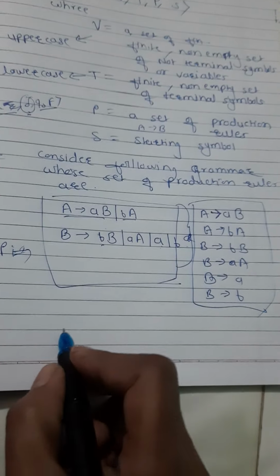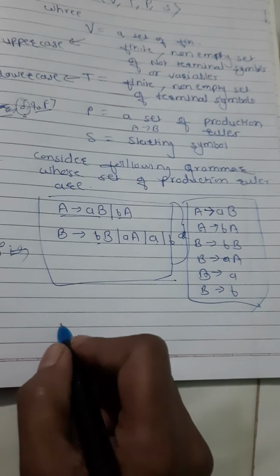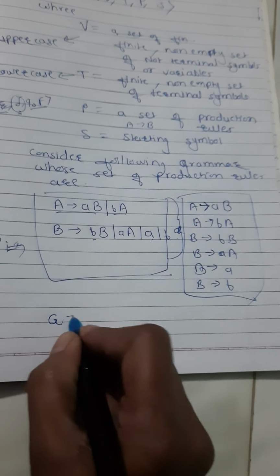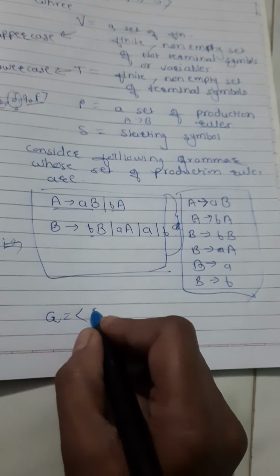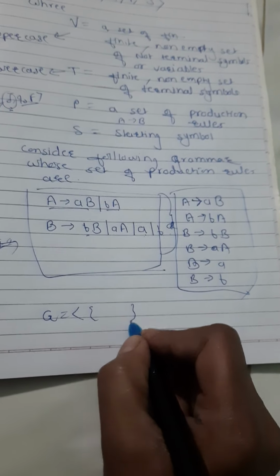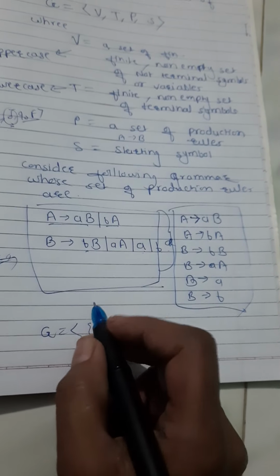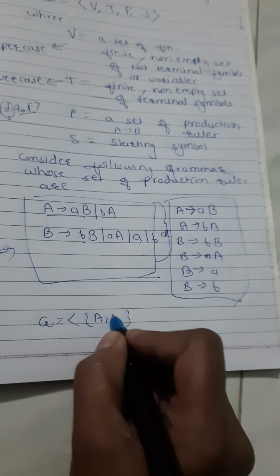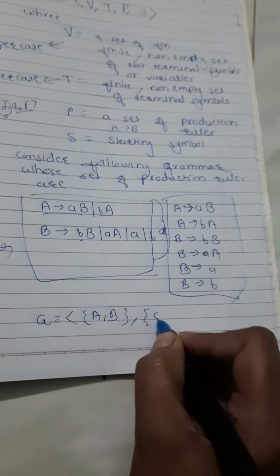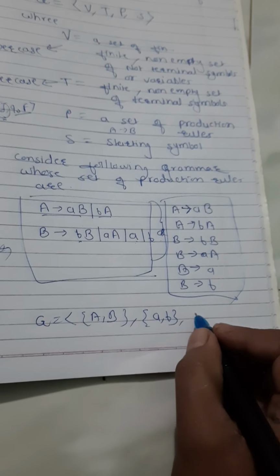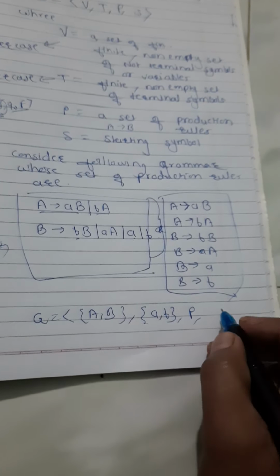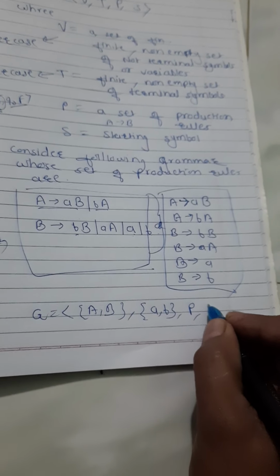Now we'll define the grammar completely. Here G is given as 4 tuples: V, that is nothing but the set of non-terminal symbols which are written in uppercase letters, so here A, B; then terminal symbols in lowercase letters, small a, small b; then the set P, that is the production rules; and the starting symbol.